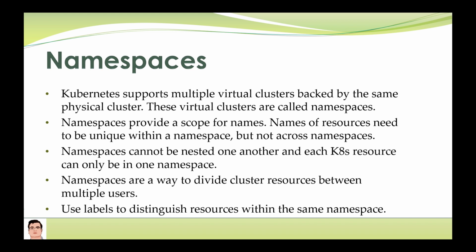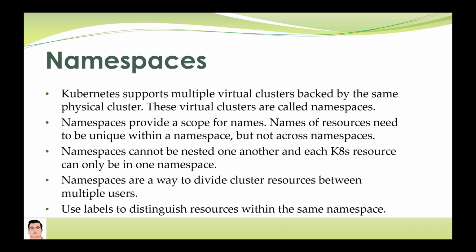Regarding namespaces, Kubernetes supports multiple virtual clusters backed by the same physical cluster. This means that in the same physical cluster you can create different namespaces, like one for QA, in which you are doing some testing, and the objects related to QA go inside the QA namespace.